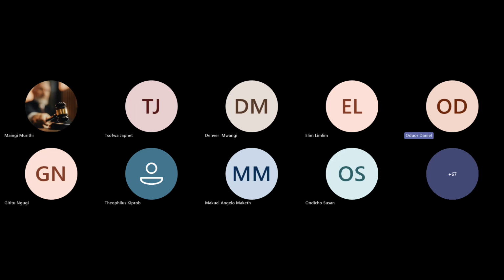A company can enter into agreements in its own name, the same way Angelo would enter into an agreement, and a company can sue and be sued in its own name. A company has a common seal and enjoys perpetual succession. A company is like a human being. So basically, corporate personality is the fact that a company, just like a human being, can own property, enter into agreements in its own name, and sue and be sued.